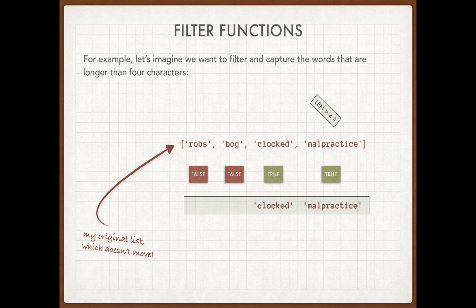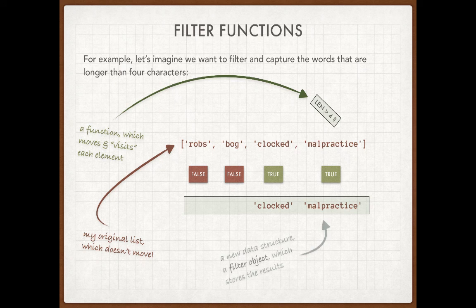It's reversed. Now, my original list is the thing that doesn't move. It is not portable, but instead, the function moves. So the function visits each element in turn and makes a decision about that element, true or false. And then what happens at the end is that those elements get copied into a new data structure.